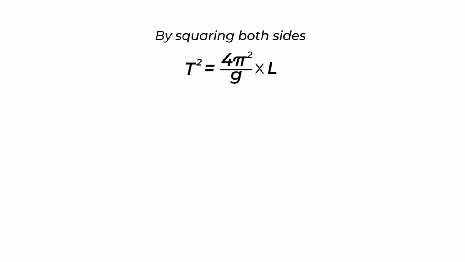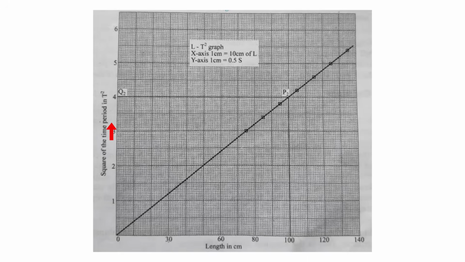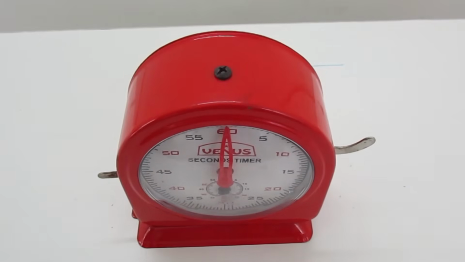By squaring both sides, we have T square equals 4 pi square by g into L. Here 4 pi square by g is a constant. So, if we plot T square along the y-axis and L along the x-axis, we should get a straight line passing through the origin.